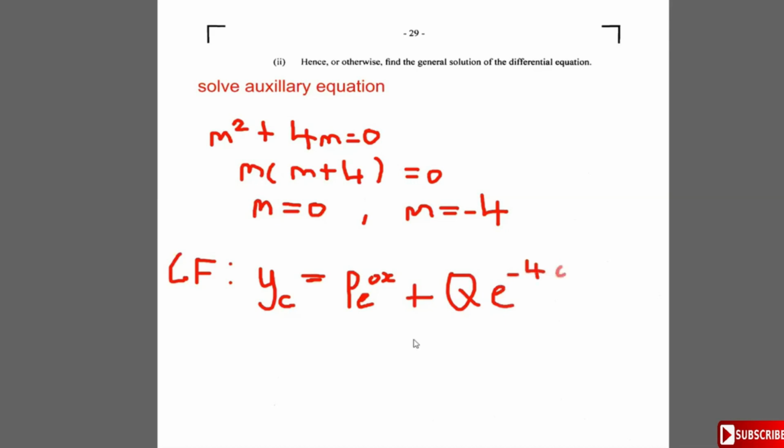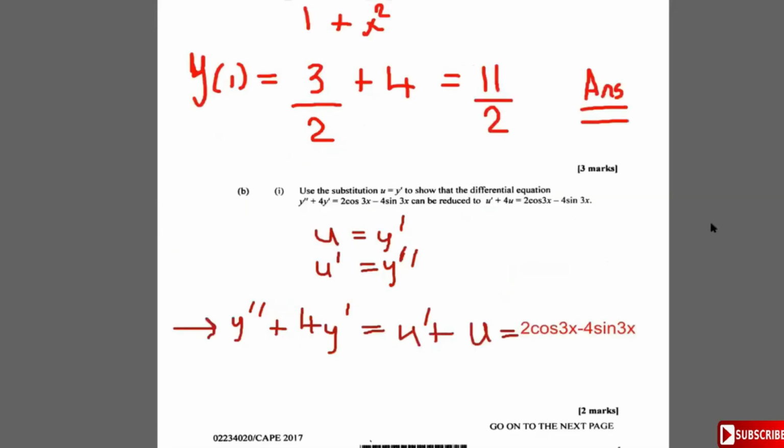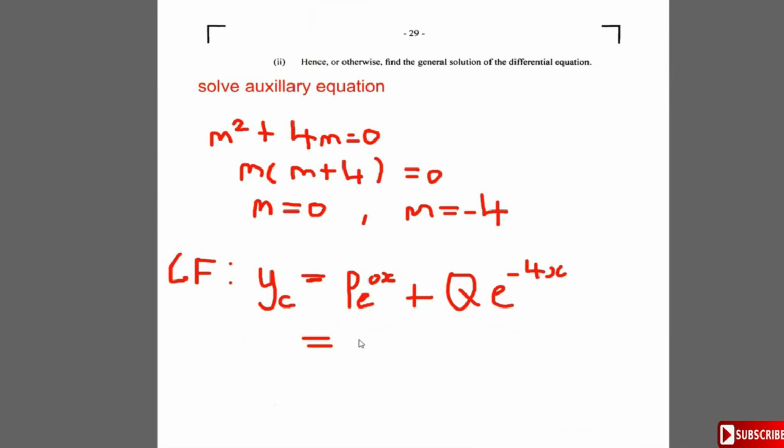But this will just work out to be, e to the 0 is 1, so the complementary function is p plus q e to the minus 4x. Nice and easy. That's the complementary function.